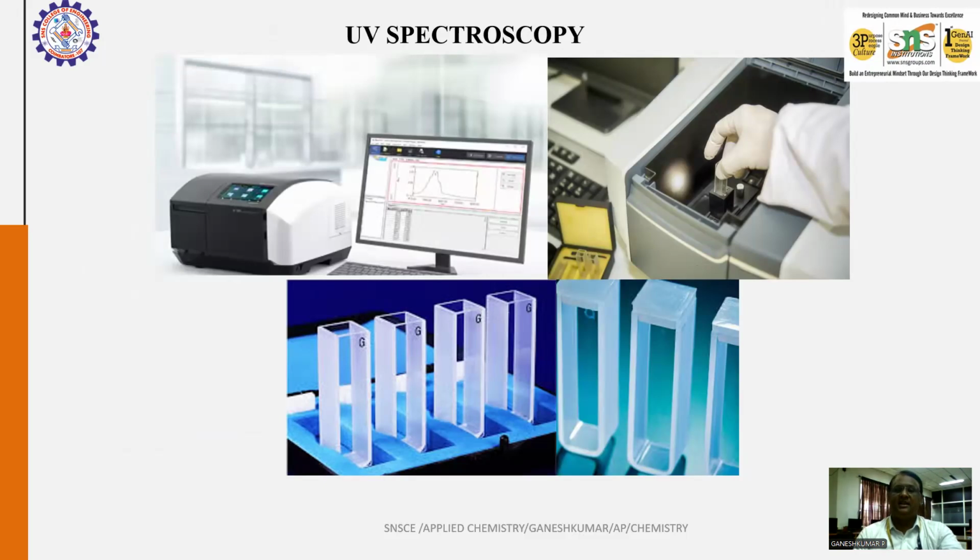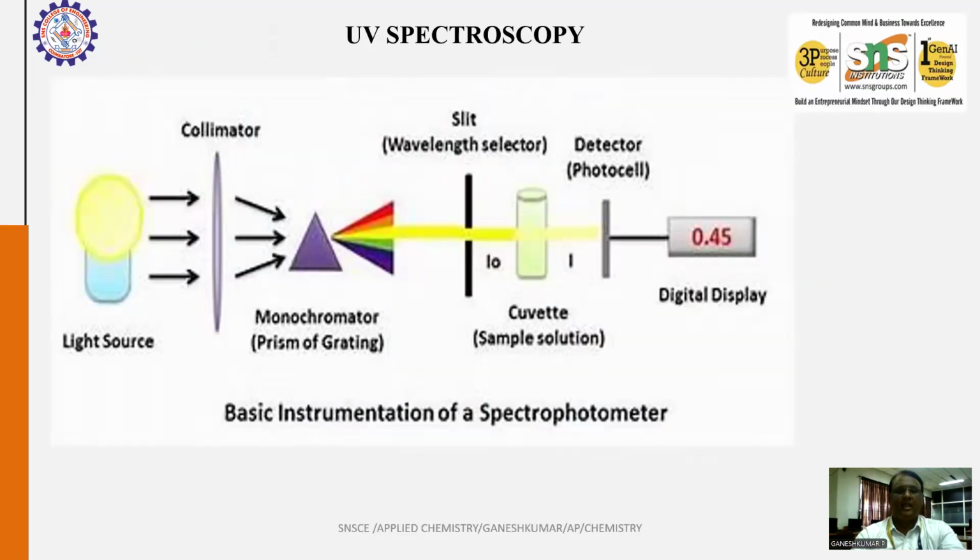A person is inserting the sample holder into the ultraviolet spectrometer. After inserting it, he closes it and allows the radiation to pass through it, and we do the analysis. This is a typical block diagram of this spectroscopy technique.